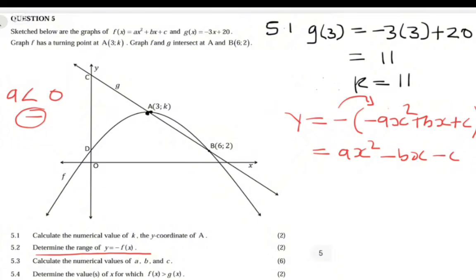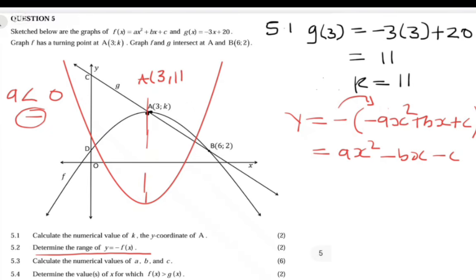But what I'm trying to say is that a is going to be positive. In other words, our graph is going to stand something like this. Since the turning point is 3 and 11, this graph, since it is positive right now, is going to share the same thing. It's going to be 3, but this one's going to be negative 11, just like that.